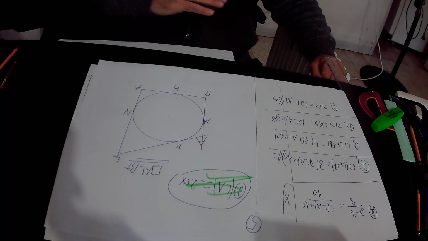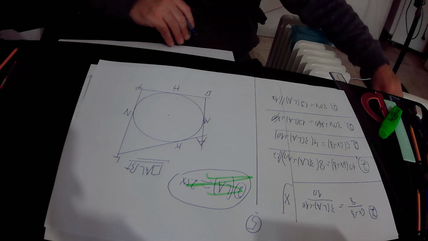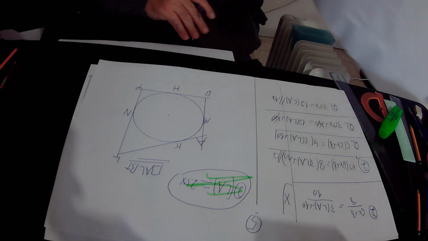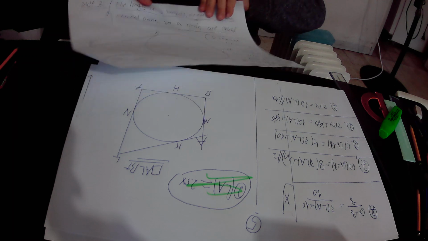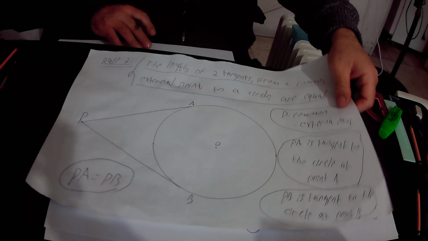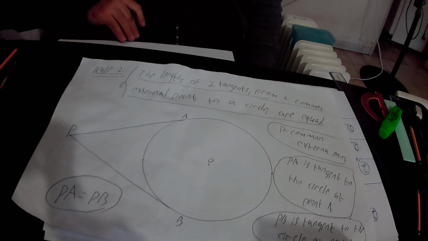Here we can implement rule 2. I'll remind you quickly what is rule 2. The lengths of two tangents from a common external point to a circle are equal.